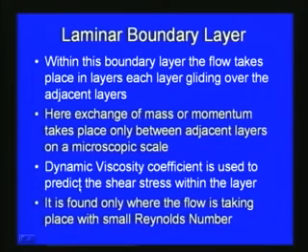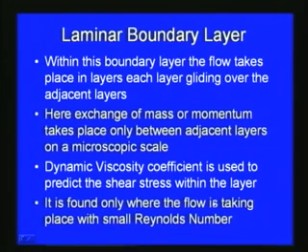The dynamic viscosity coefficient mu is used to predict the shear stress within the layer, and this is found only where the flow takes place at a small Reynolds number.